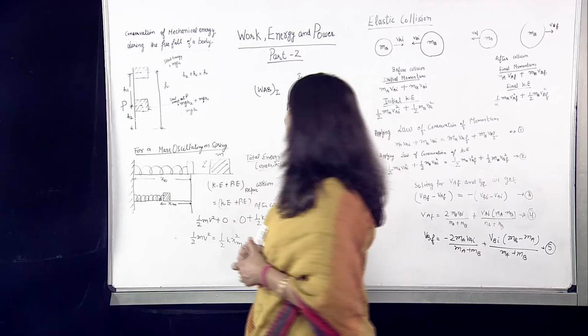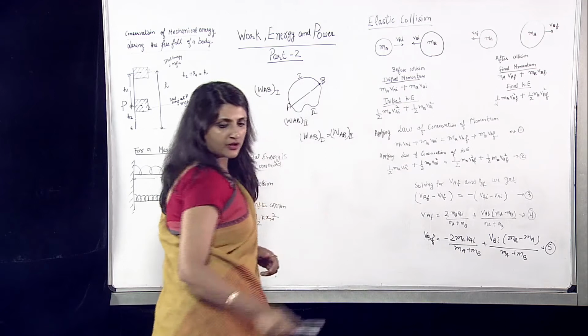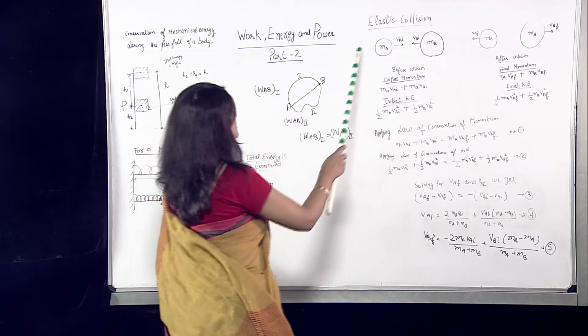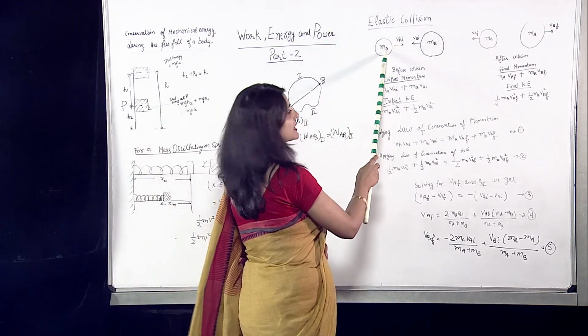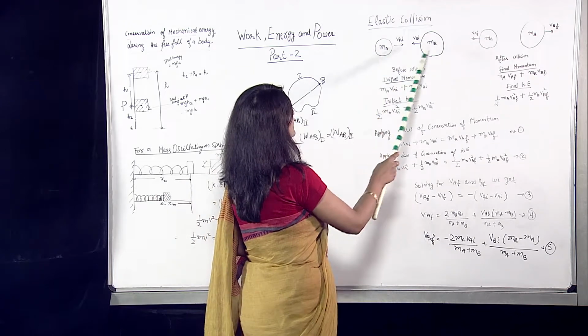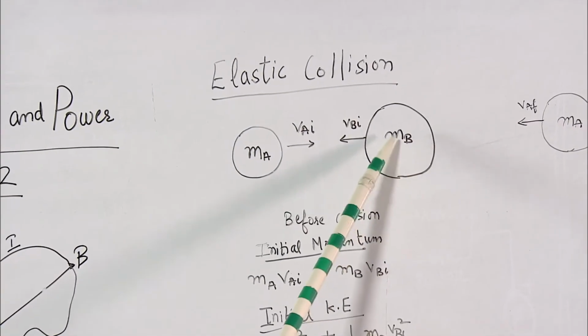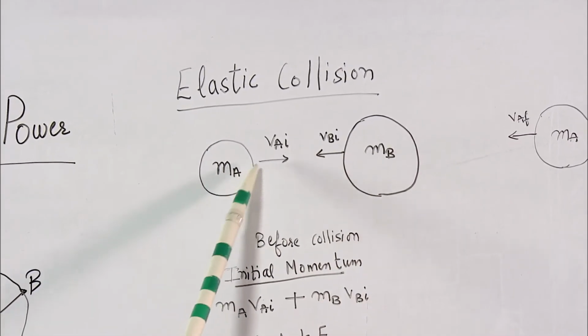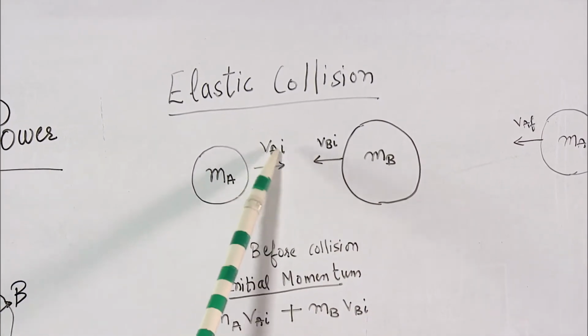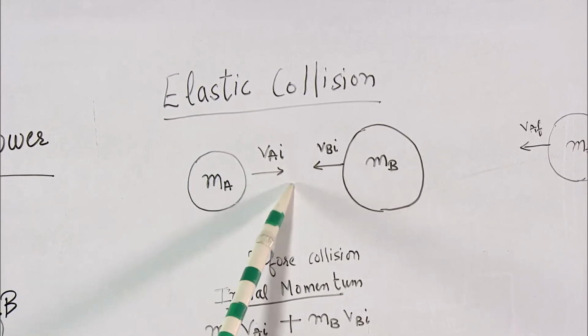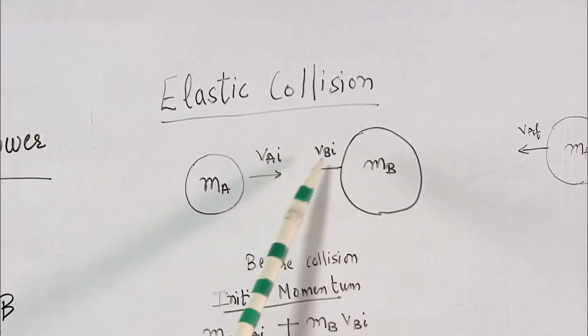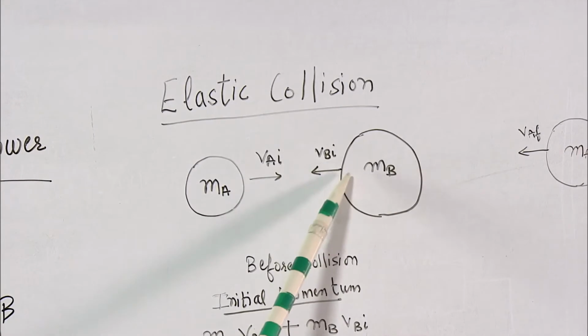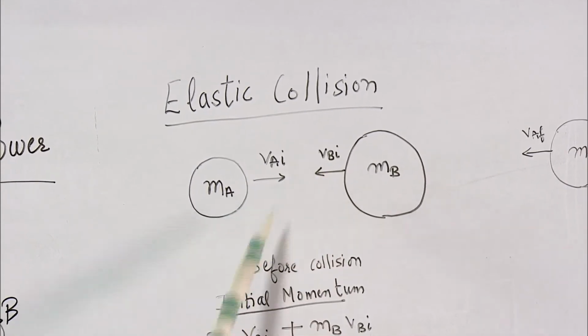Now we will come to the elastic collision. We have taken two masses: MA, and another body with mass MB. MA is moving with the velocity VAI towards the right, and MB is moving with the velocity VBI towards the left.